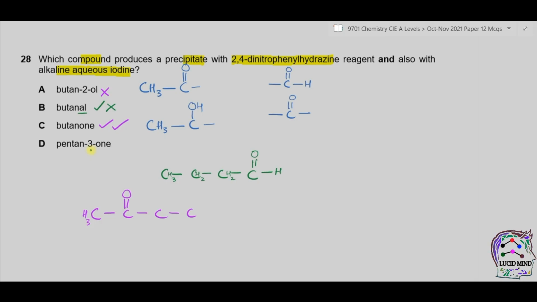In this ketone we have carbonyl carbon on third carbon atom. As we can see that CH3 is not directly attached to carbonyl carbon, so therefore this will not give result with alkaline aqueous iodine. Only 2,4-DNPH will be positive. Correct answer is therefore part C.